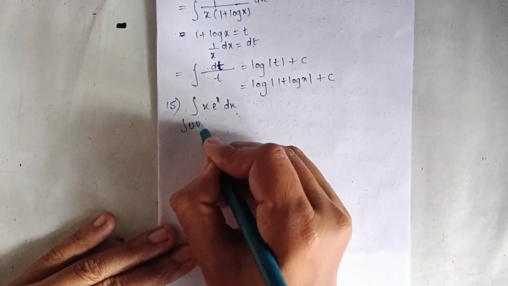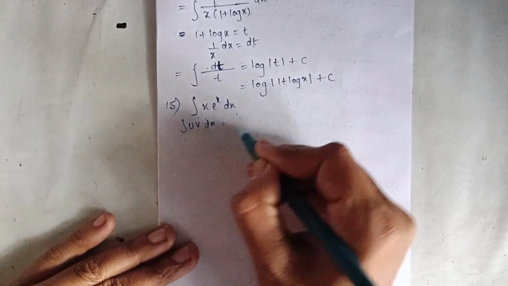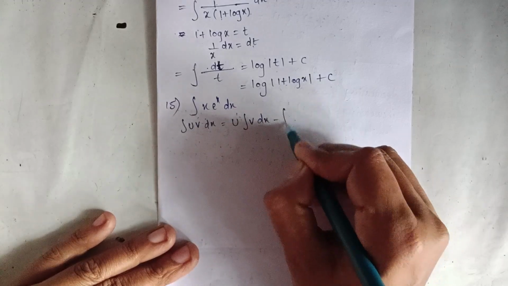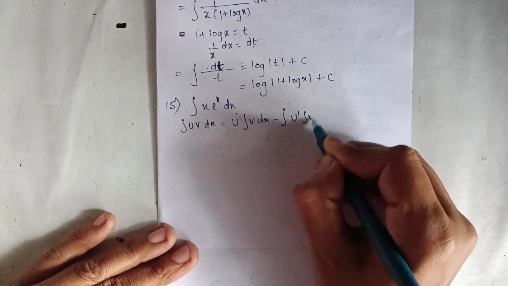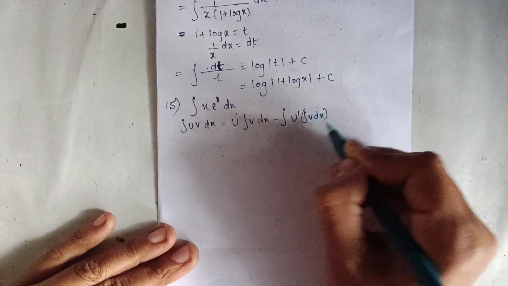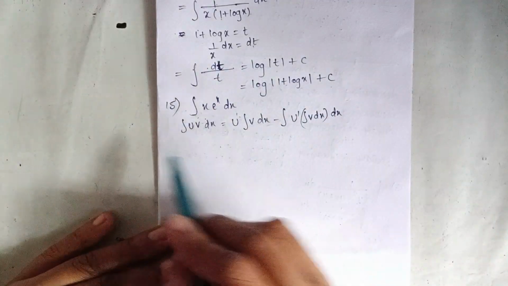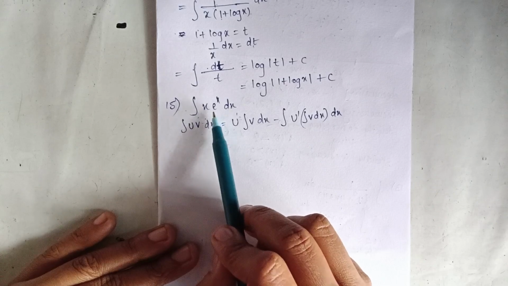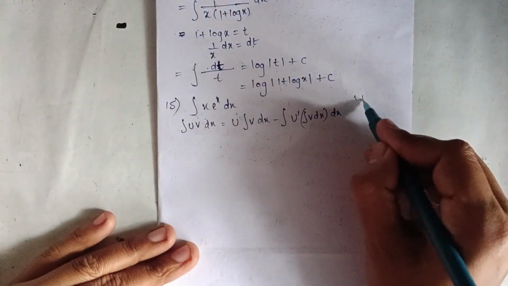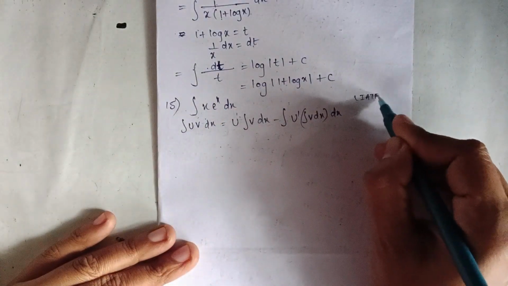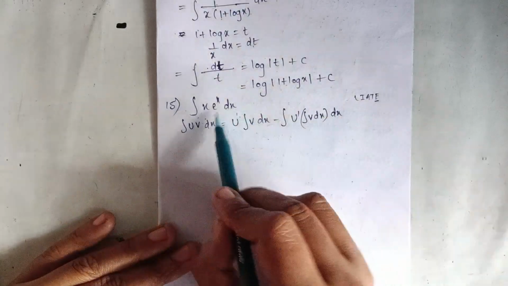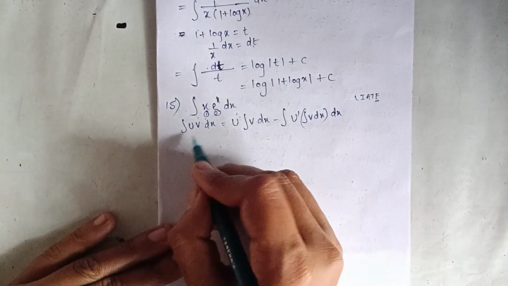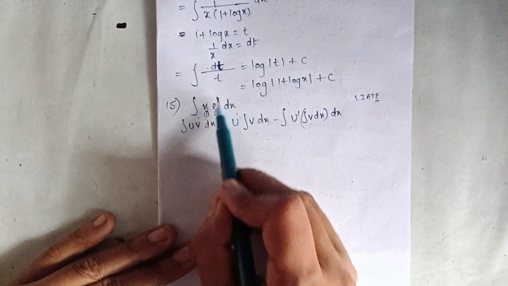So integral uv is u integral v minus integral u dash integral v dx, okay? This is integration by parts. So u and v, first function, second function you have to choose by the rule LIATE. Here x is algebraic and e raised to x is exponential. So exponential comes second. This is your first, this is second. So u is x, v is e raised to x.